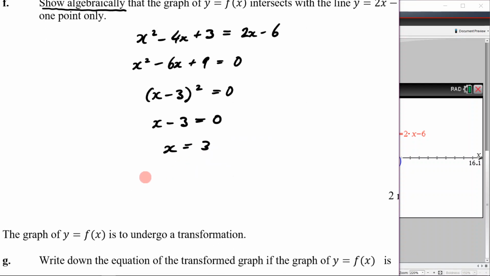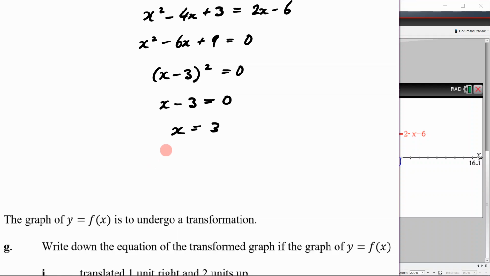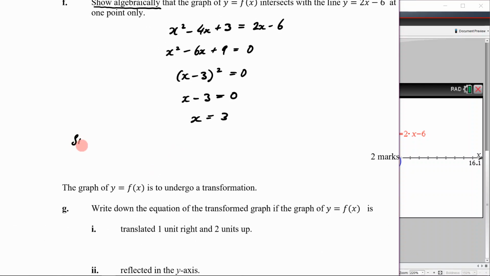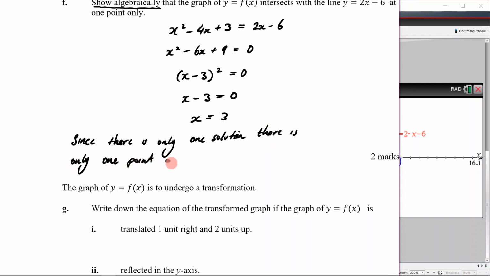Then what I would say, just to provide a bit of an explanation, is since there is only one solution, there is only one point of intersection.